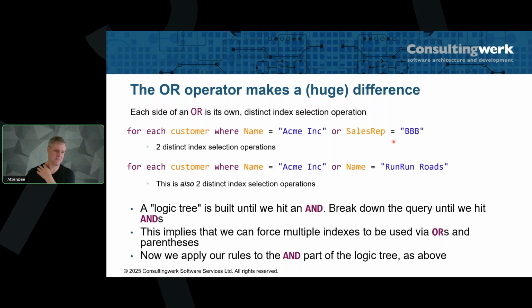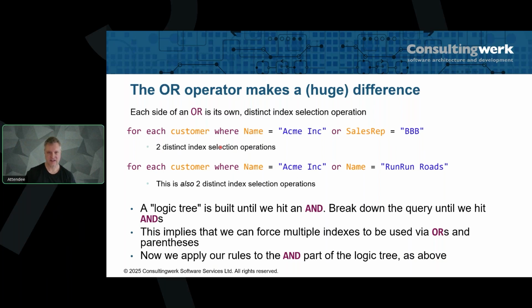OR makes a massive difference to how the AVM selects the indexes. So you can think of it as each side of an OR goes through that whole worksheet process, that whole index selection process. It works through index selection on the first part of the OR. Then following the OR, it breaks it down: what does the where clause look like until you hit the next OR?